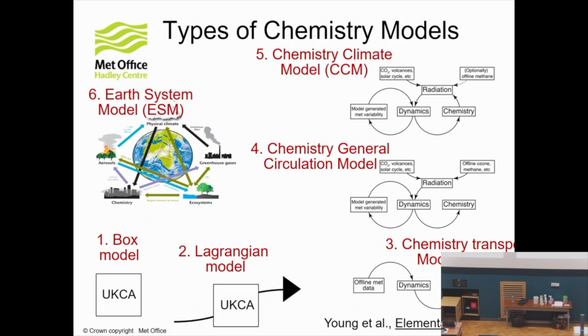One could imagine then, if we wanted to add some additional complexity, so this particular box model here is static in its location, and you're modelling processes over time, adding in some photolysis and some emissions, and you're modelling the composition over time. But the box itself is static in terms of its location. So one could imagine then, let's calculate the trajectory that a parcel of air might take in the atmosphere.